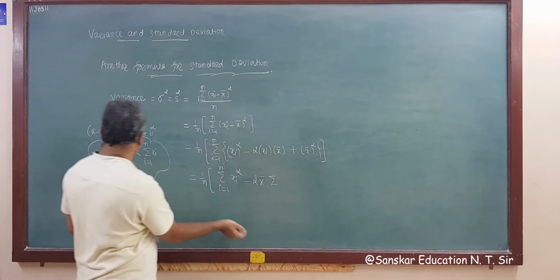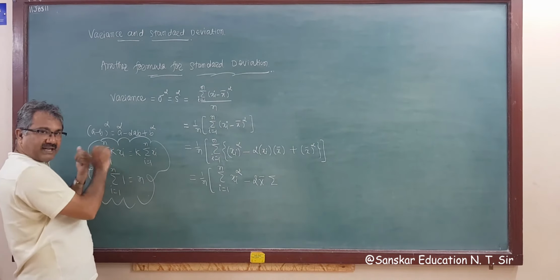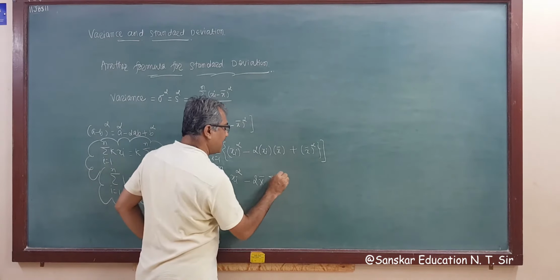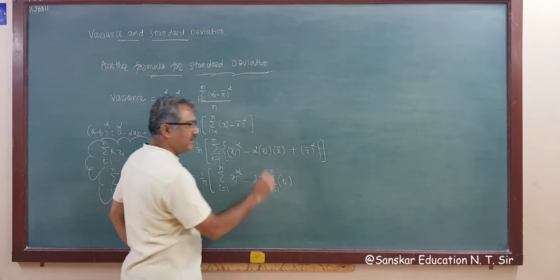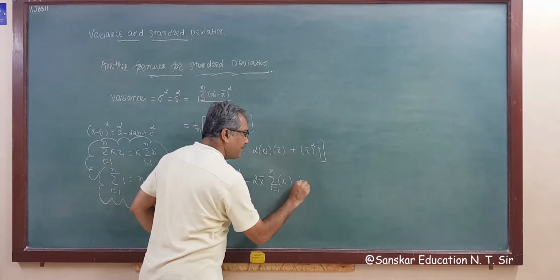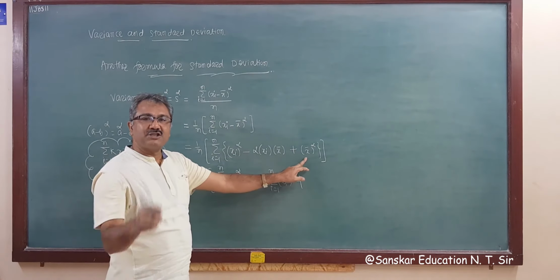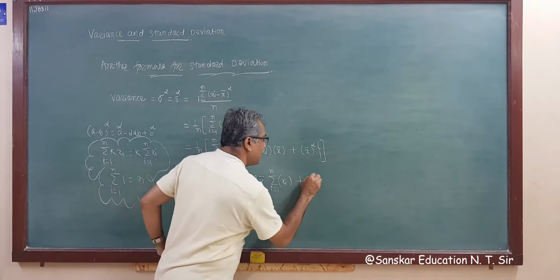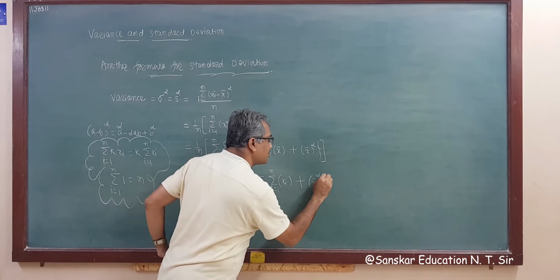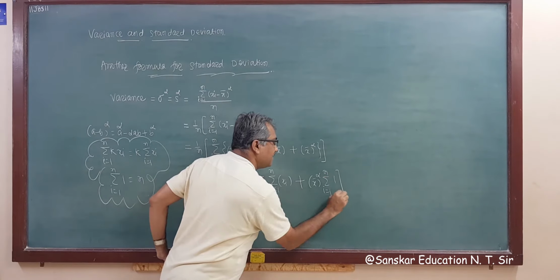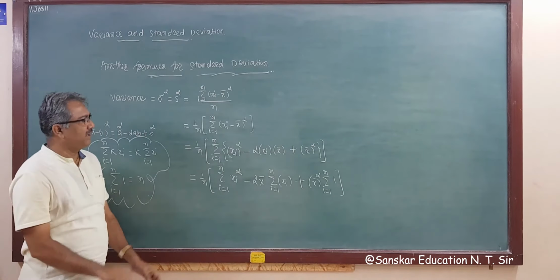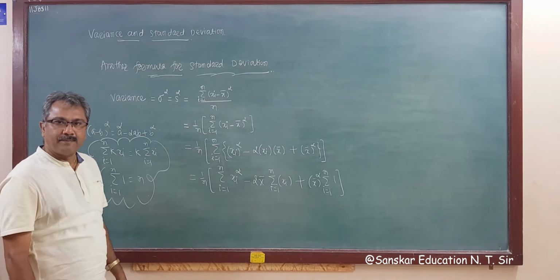Keep it outside using this formula, into sigma xi, i running from 1 to n. Plus x bar square is constant, so the remaining is sigma 1, i running from 1 to n. So after operating sigma, we will get this step.